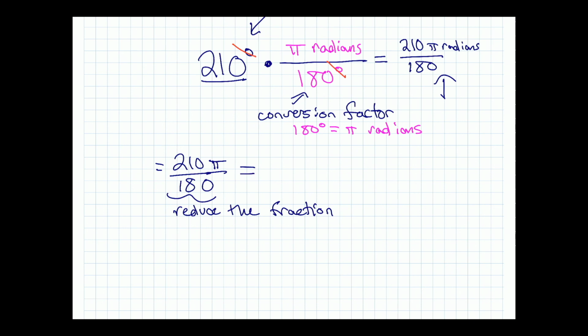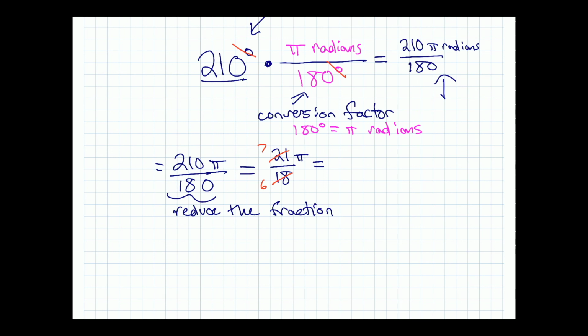So the easiest way to do that in this case is you've got 210 over 180, which is 21 over 18 pi, right? I can just knock off a 0 right away. And then from there, I see that 3 goes into 18 6 times, and 3 goes into 21 7 times.